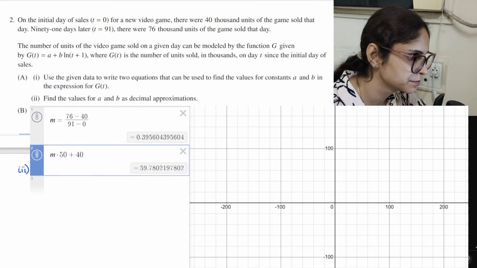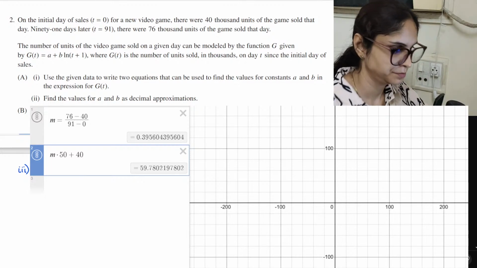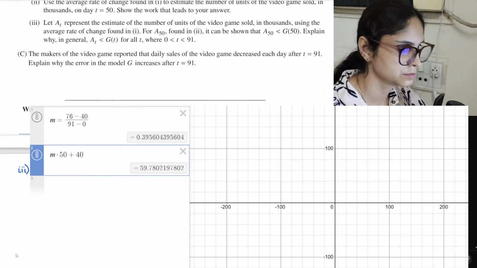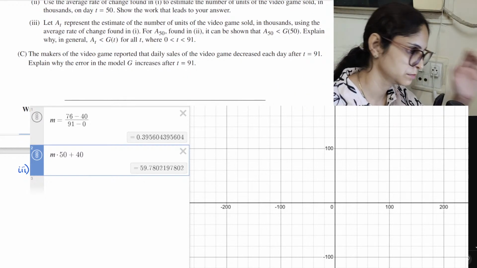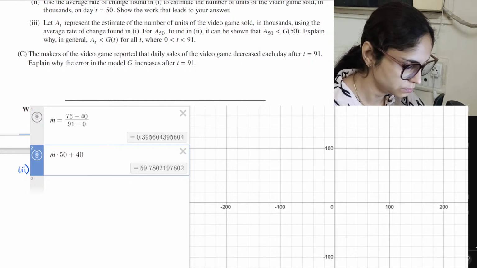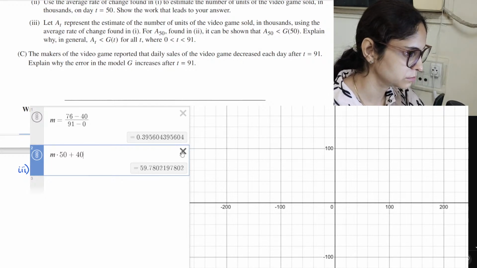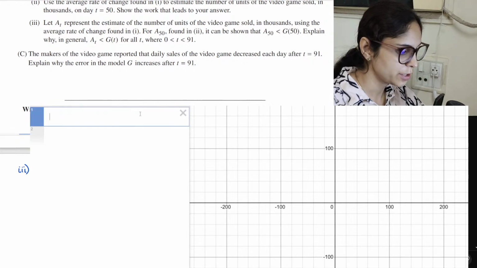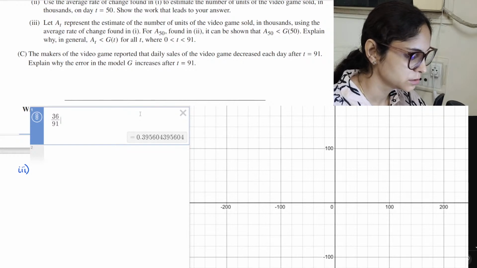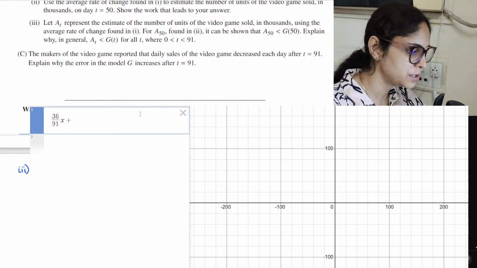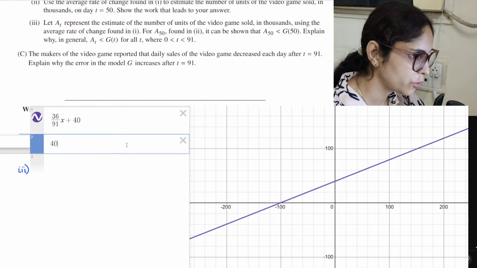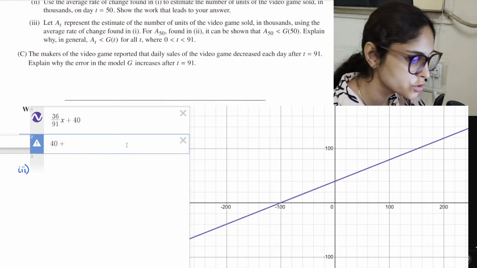So A(T) is how much? 36 over 91 times x plus 40. And the next one is 40 plus the value of b was how much?